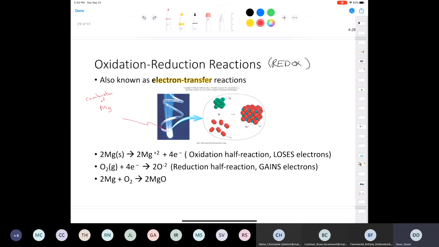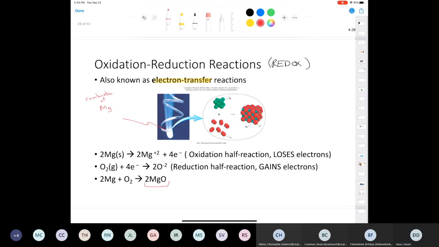Now, what the heck is happening here? What's happening is you're taking magnesium metal, right? When it says magnesium solid, that's plain old magnesium, just a plain old piece of magnesium metal. It's got no charge at all. And what happens in the reaction, you end up with MgO.